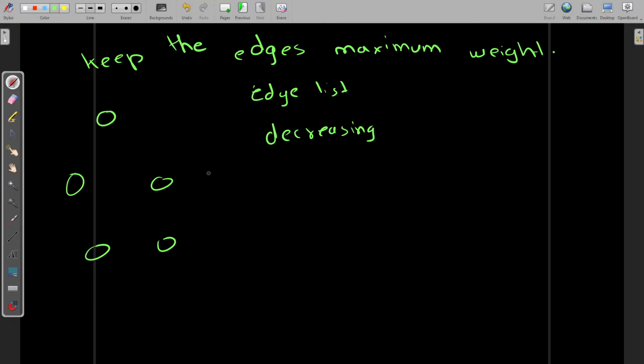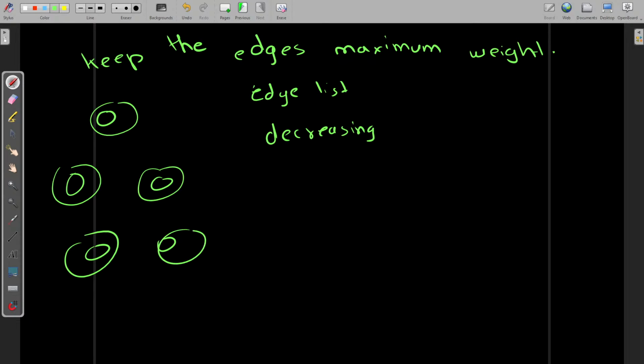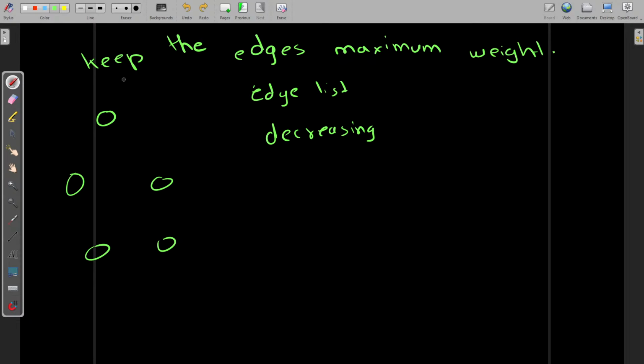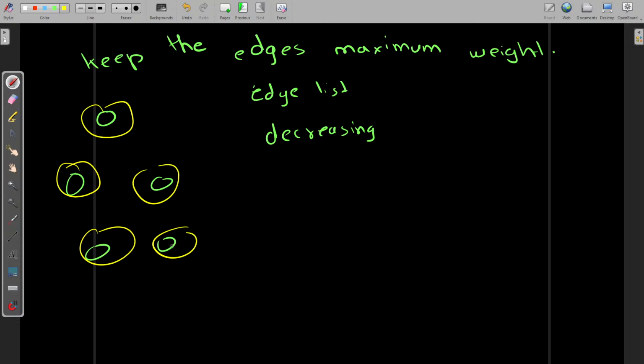Initially, the number of connected components would be n, the number of nodes, right? And when we merge two nodes, they will combine into a single component. And this will happen until there are two components remaining.